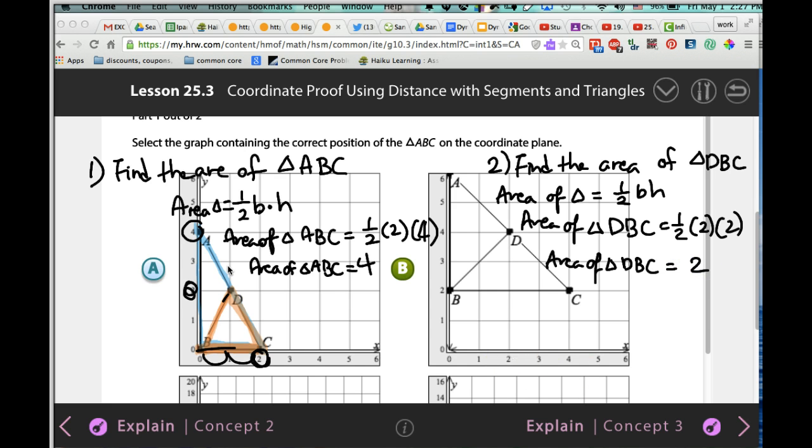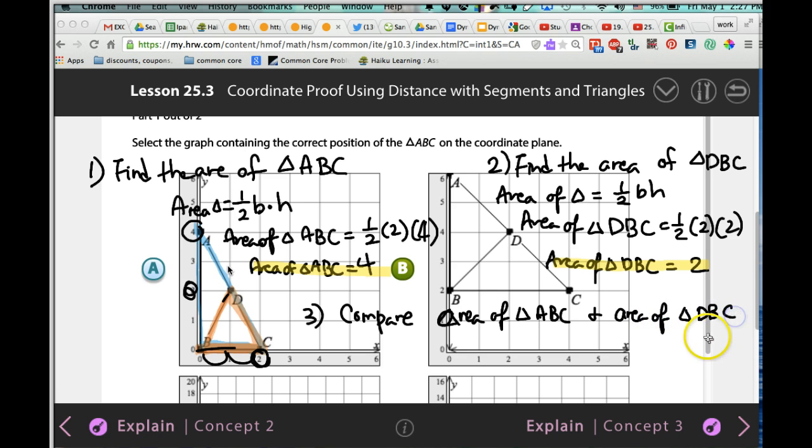Now as you can see, we have the area of triangle ABC and the area of triangle DBC. The third step is to compare the area of triangle ABC and the area of triangle DBC.